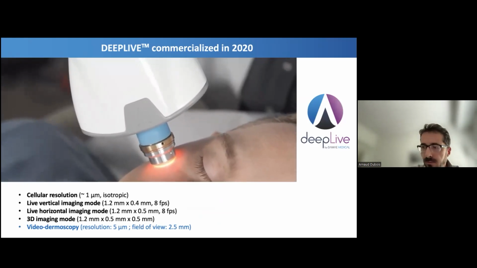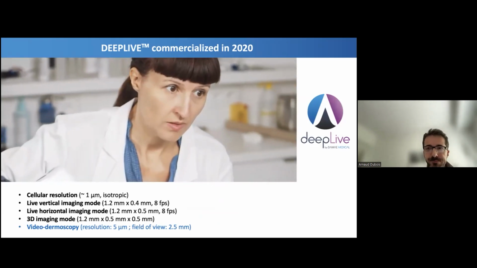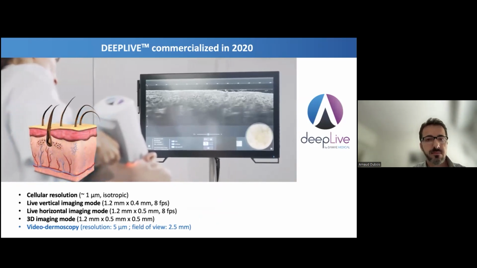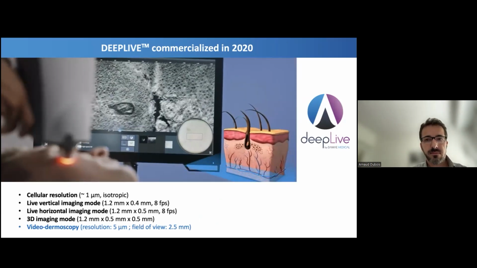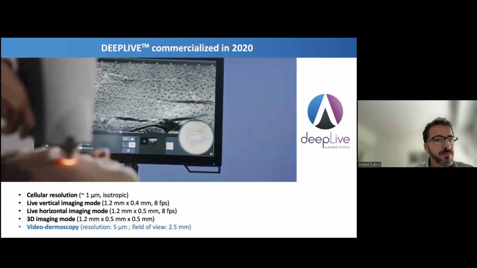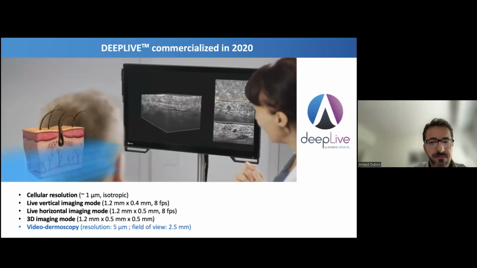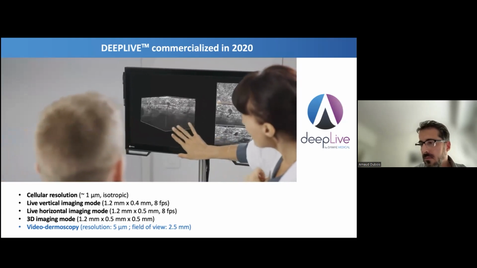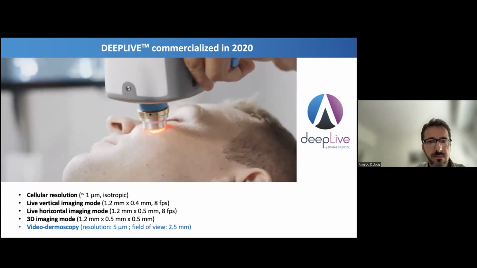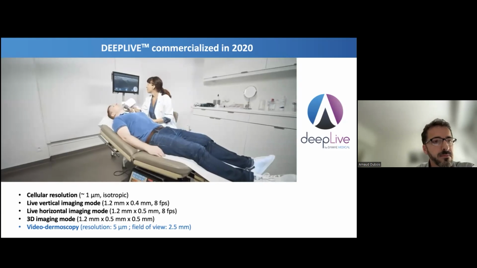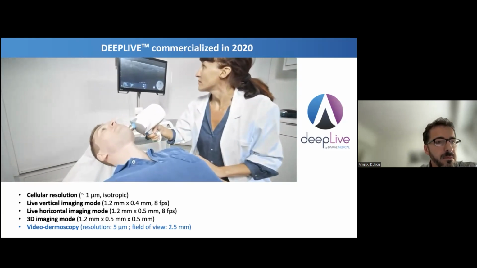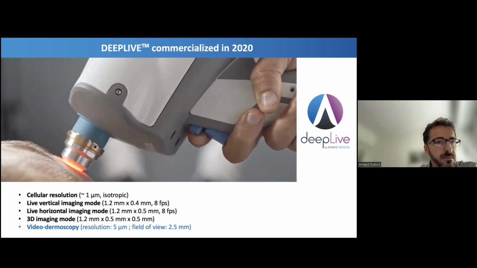DeepLive offers 3 LC-OCT acquisition modes: vertical imaging similar to histological sections, horizontal imaging down to 500 microns in depth, unprecedented 3D imaging performed within a few seconds, allowing a global understanding of the lesion. About 10 LC-OCT images are acquired every second, streaming in real time an unmatched level of in vivo information.